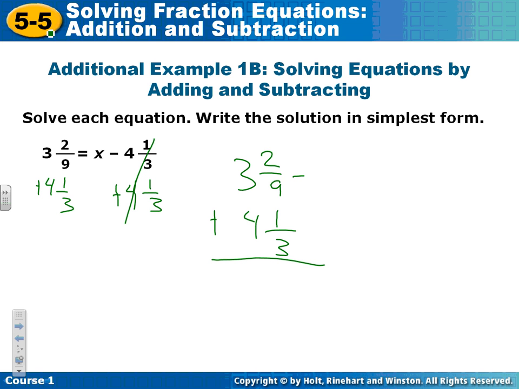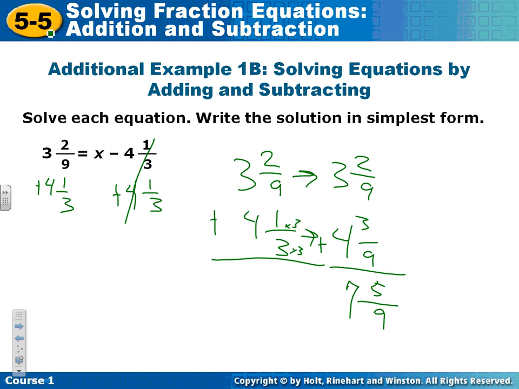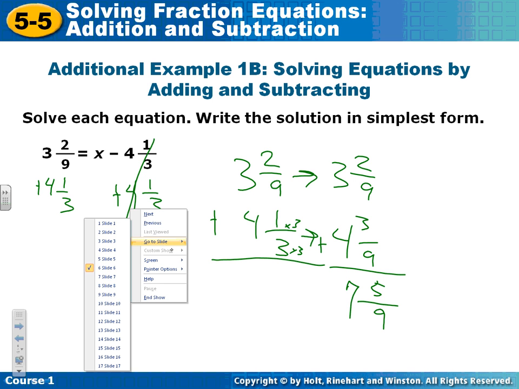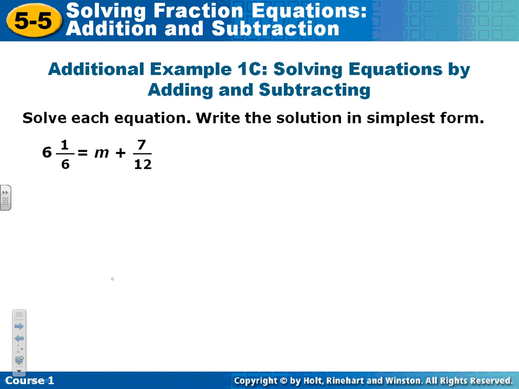Common denominator, we're going to stick with 3 and 2/9. We're going to make this 4 and something over 9, times 3 times 3. So this is a 3. Because it's addition, we just add 5/9, 7. There's your answer. Next problem I would like you guys to try is that one.